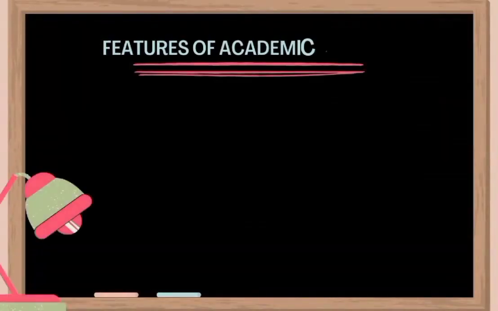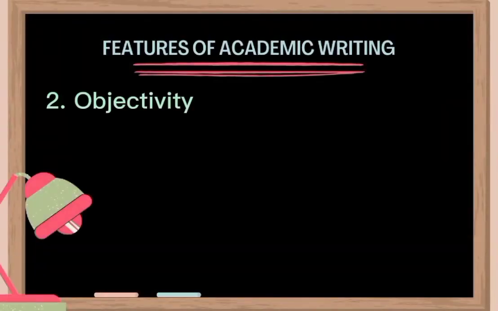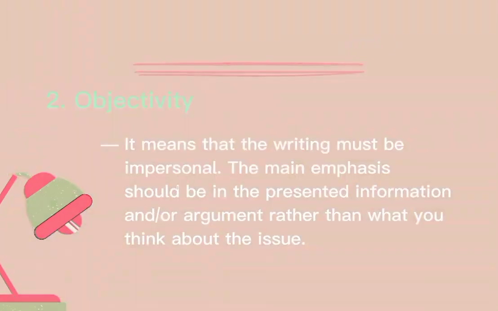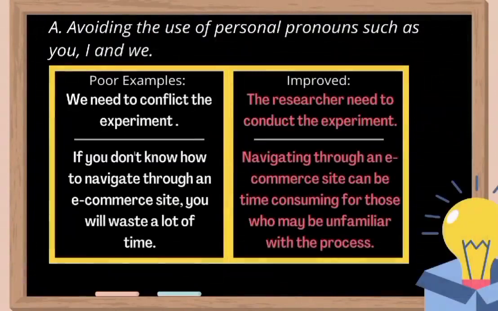Second feature of academic writing. Objectivity. It means that the writing must be impersonal. The main emphasis should be on the presented information and/or argument rather than what you think about the issue. Avoiding the use of personal pronouns such as you, I, and we.